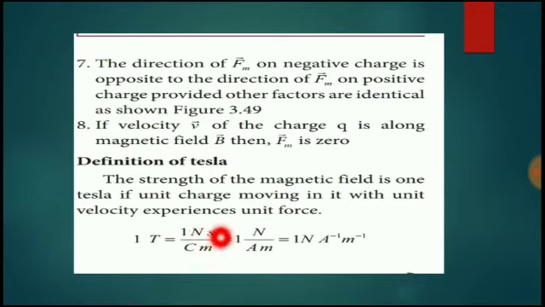For a unit charge, 1 Tesla is equal to 1 N divided by ampere meter, so 1 Newton ampere power minus 1 meter power minus 1, right? Okay.